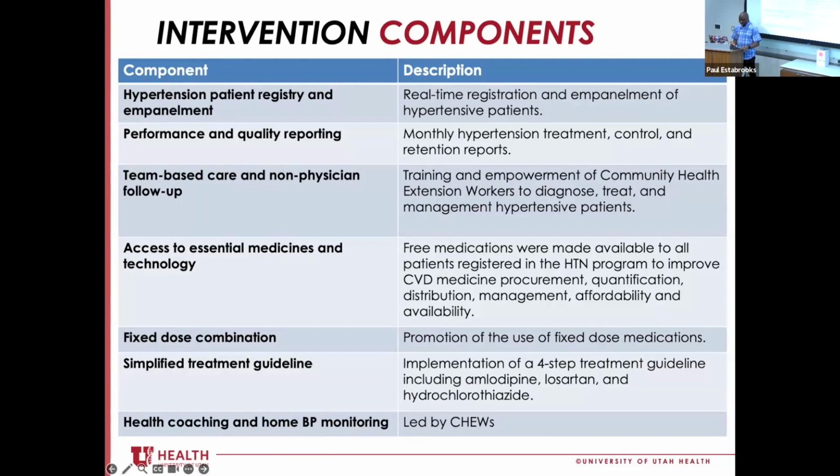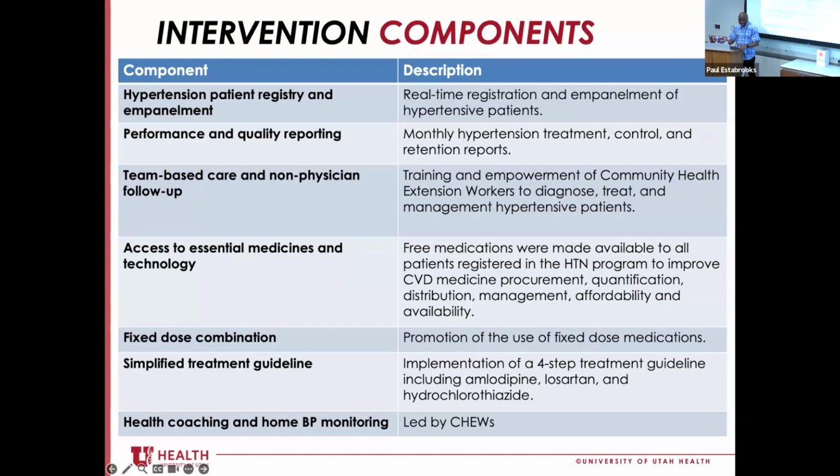So the community health workers provide monthly reports on treatment rate, control rate, and retention rate. The third one is team-based care and non-physician follow-up. So we trained community health workers to diagnose, treat, and manage hypertension among patients. Because of the context of where we implemented this, we needed to train the community health workers to be able to reach more population with hypertension.